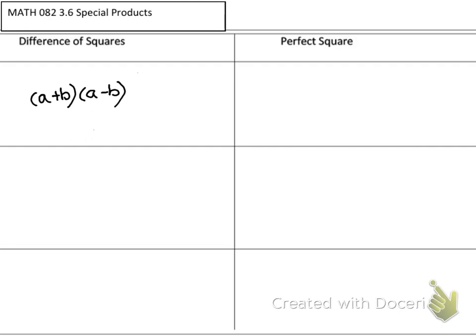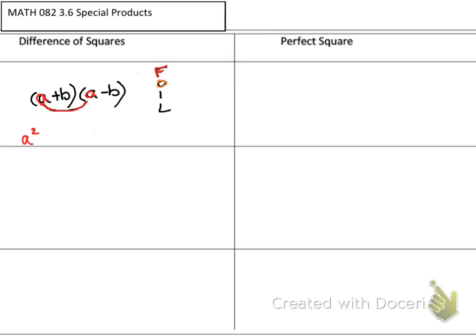Okay, so let's take a minute and distribute. So remember, we do FOIL. We do first, outer, inner, last. So let's take a minute and use our colors to go through this. So the first terms are a and a, so that results in a times a, or a squared.